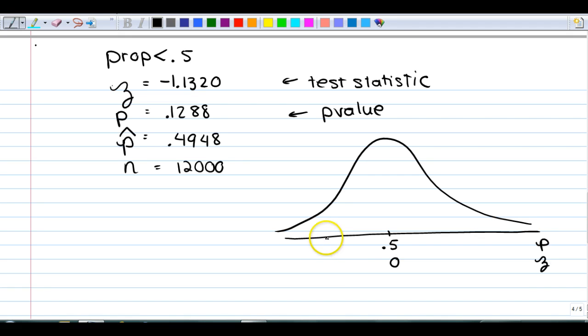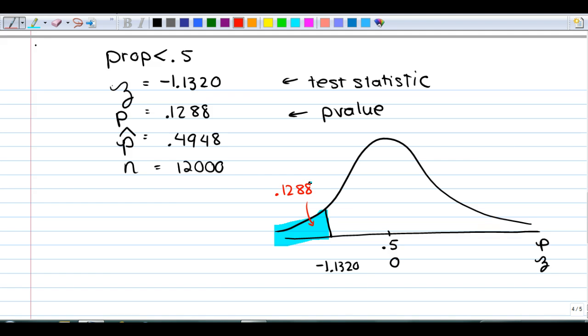We found the z-score to be negative 1.1320. We could calculate a p-value. This is our test statistic, and so this area from the test statistic on is our p-value, 0.1288.